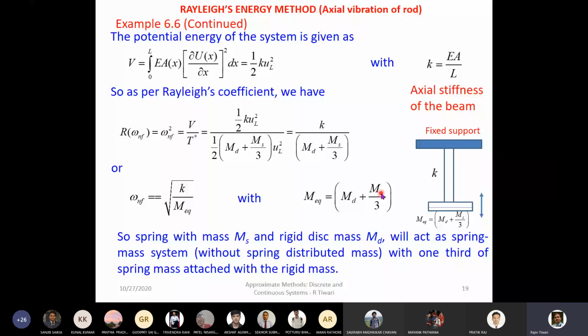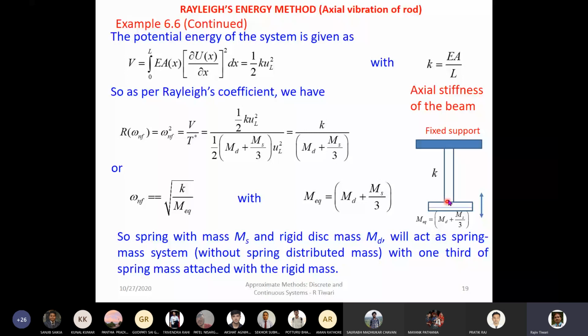So that means if we have the spring mass to be considered, we can idealize a spring mass system, with the spring having no mass, and 1/3 of the spring mass attached to the disk. So here it has been shown that this is the spring having no mass, but we have added that equivalent mass of the spring to the disk here.